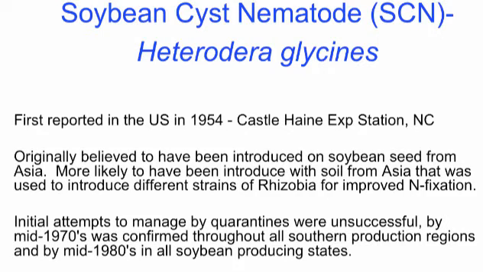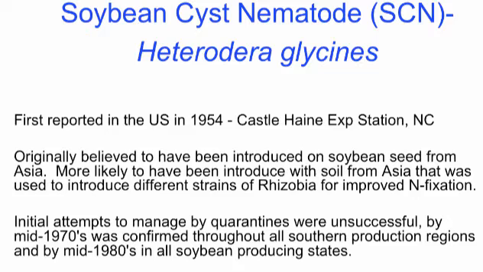It was first found in North Carolina at an agricultural experiment station near Castle Hayne in 1954. And it was originally believed that it was introduced on soybean seed as part of a plant breeding program at that station.